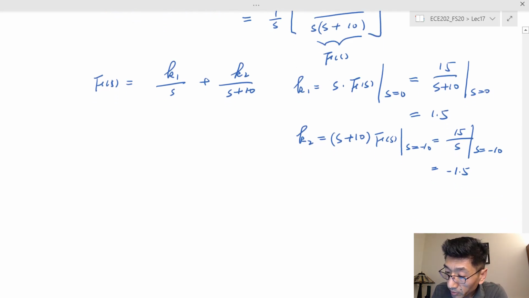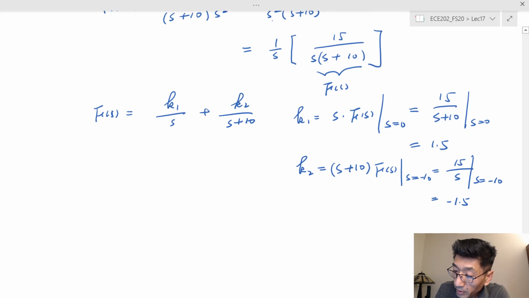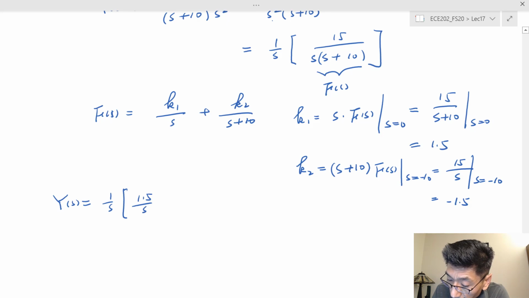So in this case, we have F(s) equal to 1 over s times 1.5 divided by s, minus 1.5 divided by s plus 10.